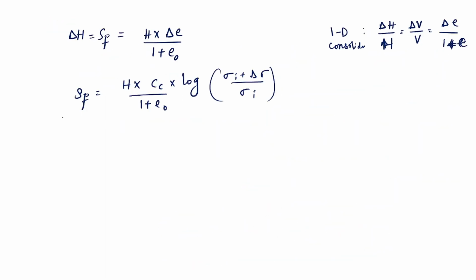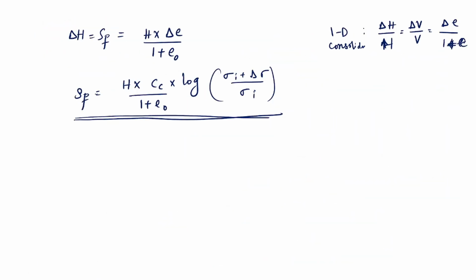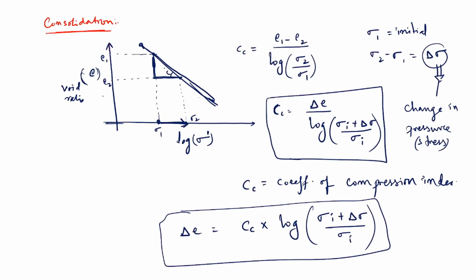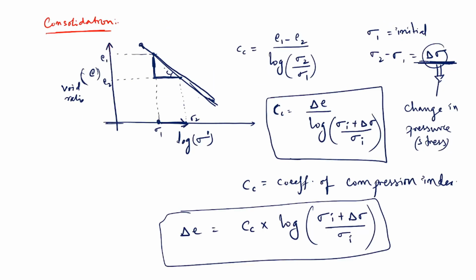Now, this settlement formula is valid for this line, because I calculated the settlement due to this much change in stress, varying from sigma 1 to sigma 2, which is causing the change from e1 to e2.